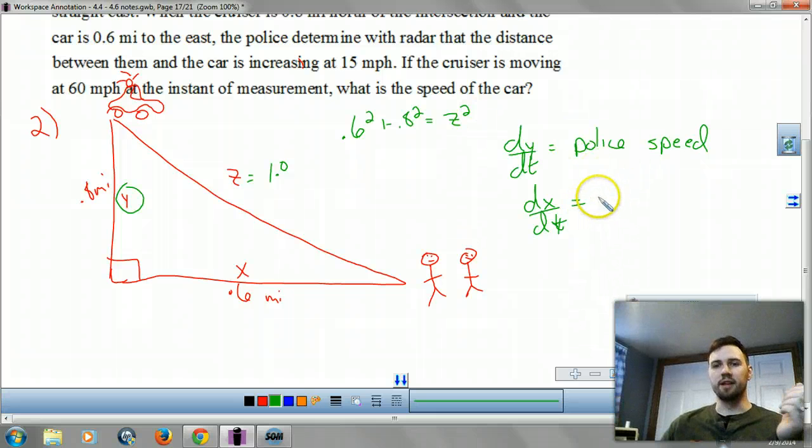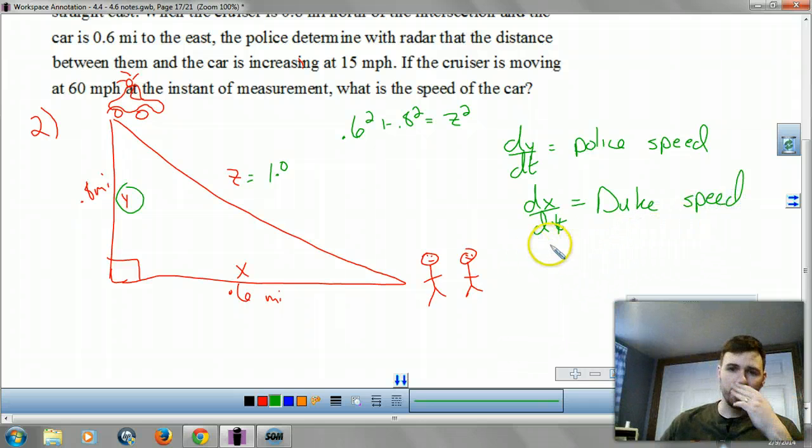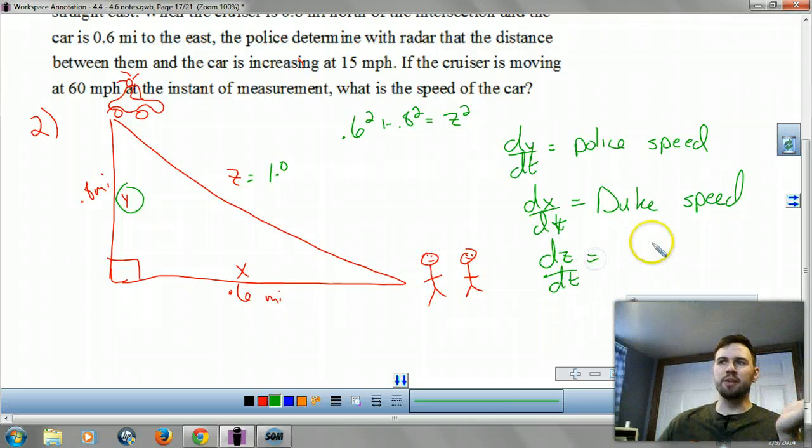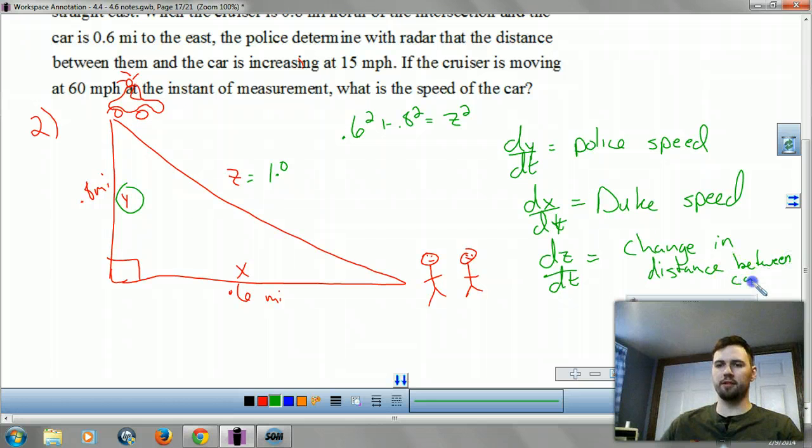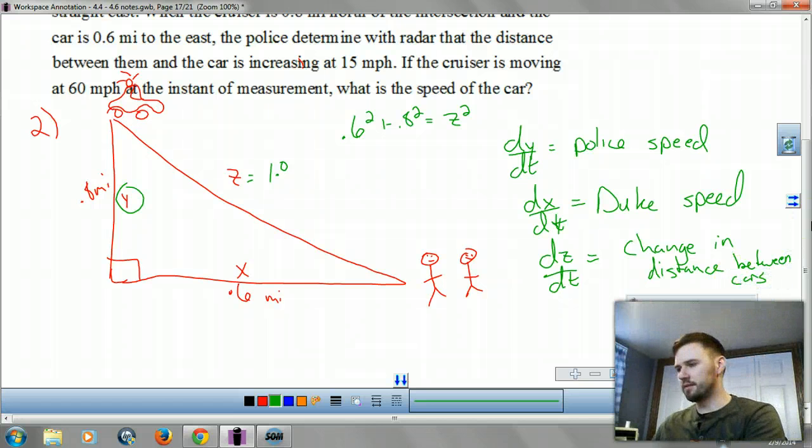That's going to be them good old Duke boy speed. And they were speeding. And your dz over dt is going to be the change in distance between the cars. Okay?